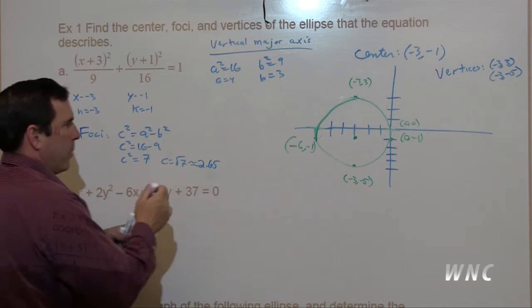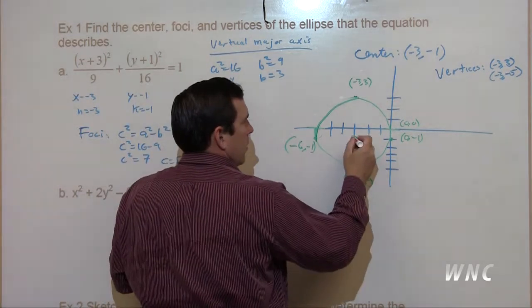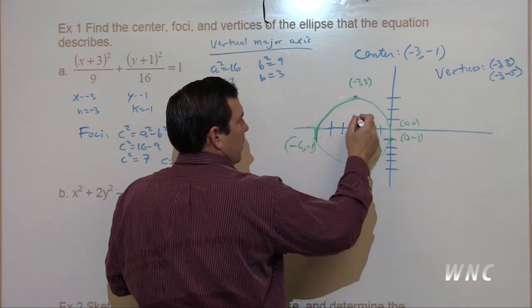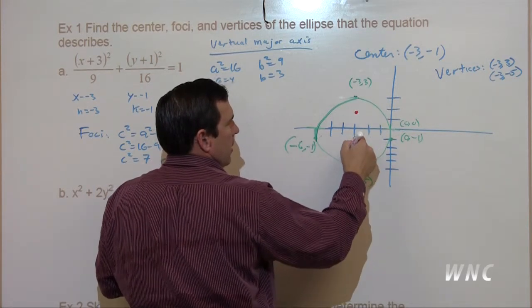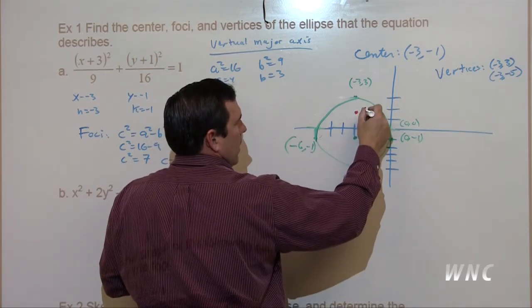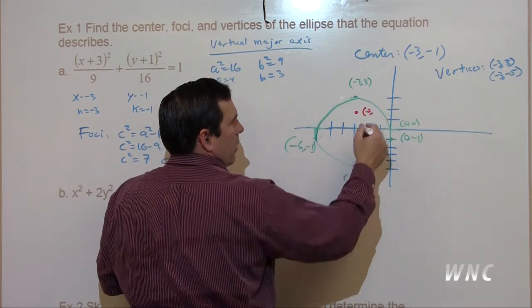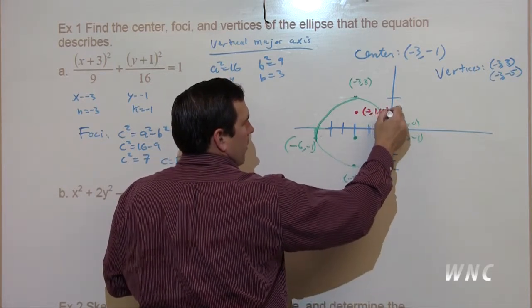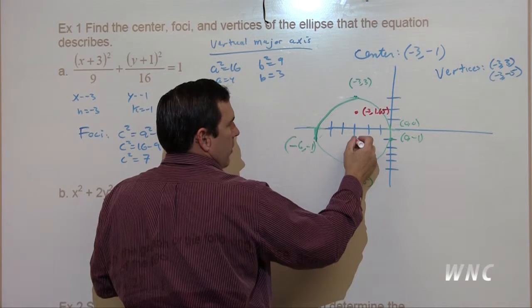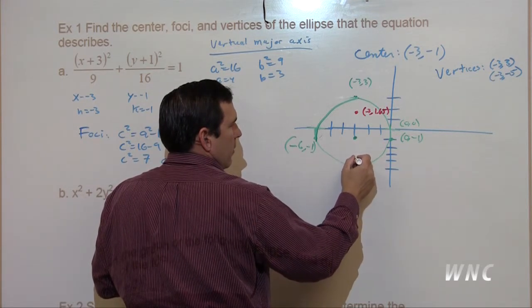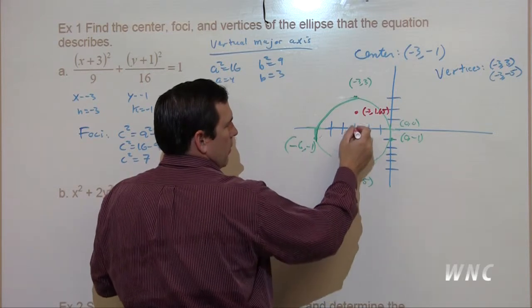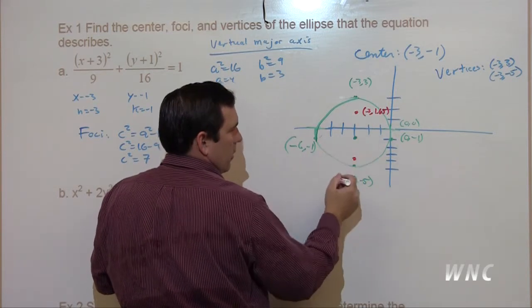So we can go up 1, 2, 2.65 units. That's going to end up being at -3, 1.65, and then go down 2.65, up 1, yeah, there, and then down.